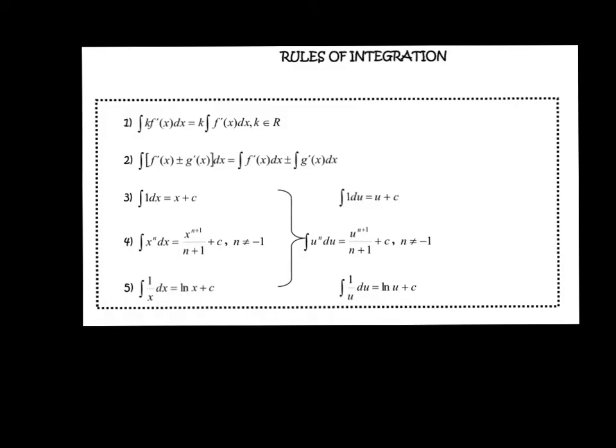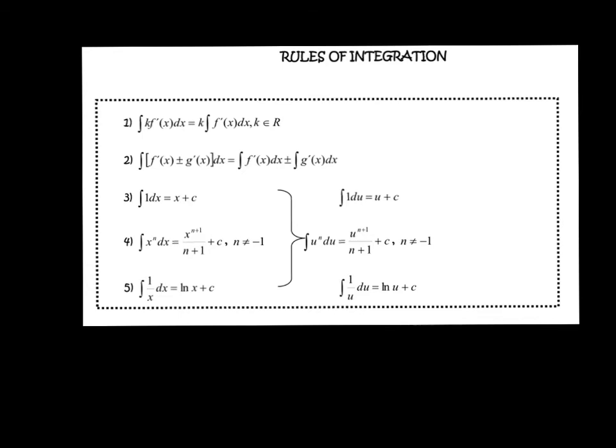So now we have to learn the rules of integration. There are 5 specific and principal rules to learn. The first is that the integral, we also call the antiderivative the integral or the indefinite integral, of a constant times f prime of x is equal to the constant times the integral of f prime of x, where k is a constant that can be any real number.